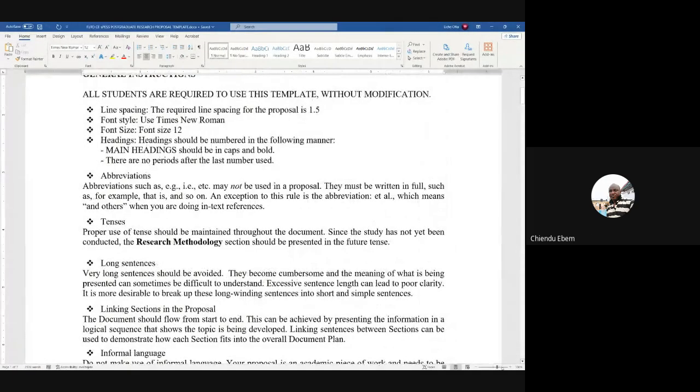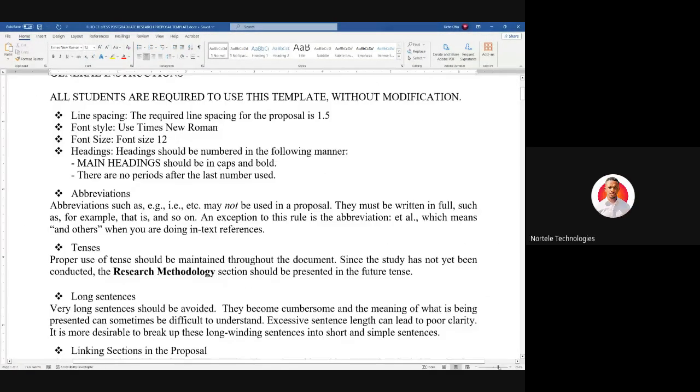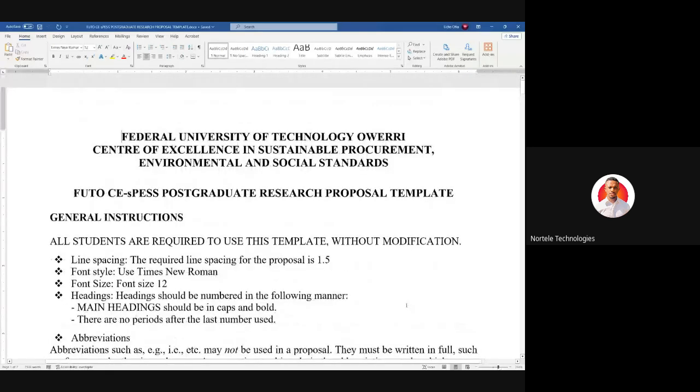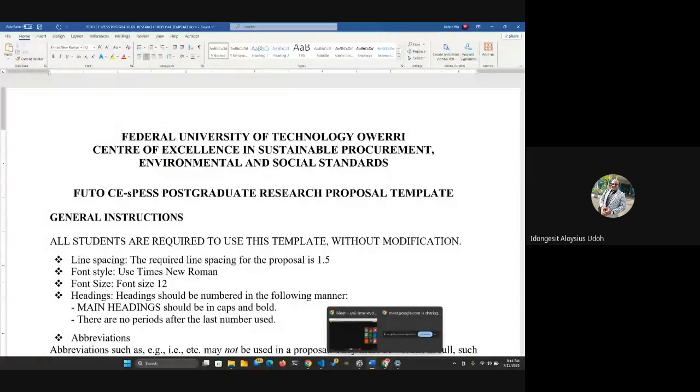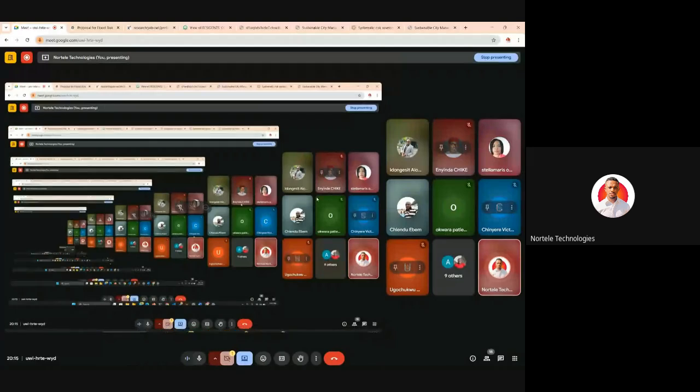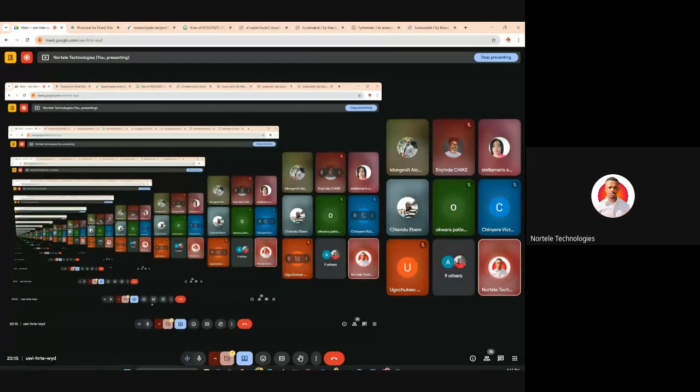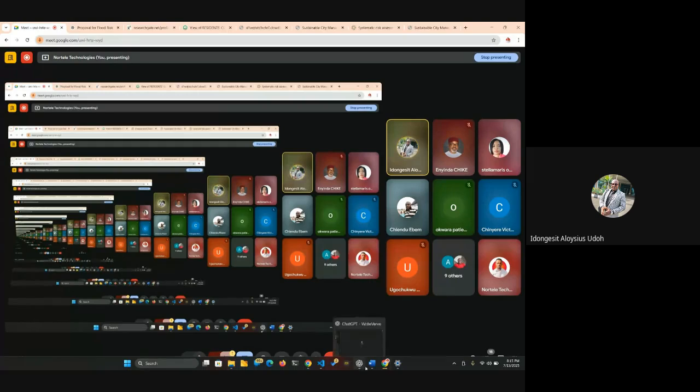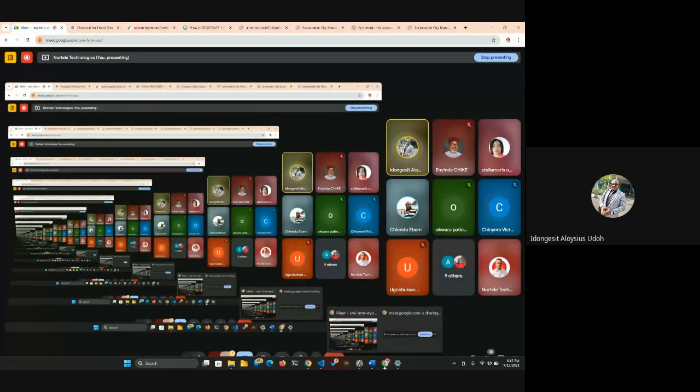It's still showing everybody's deck at the same time. Can you try and click only my screen? That's what I've been clicking, but it's not responding.